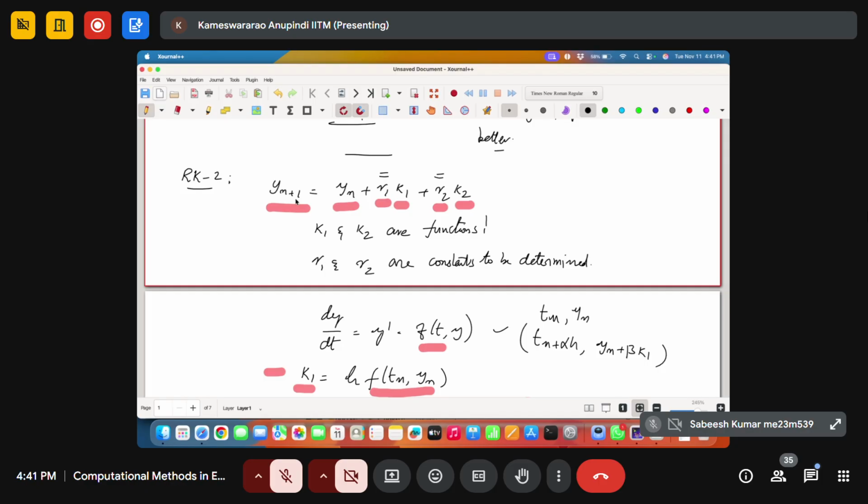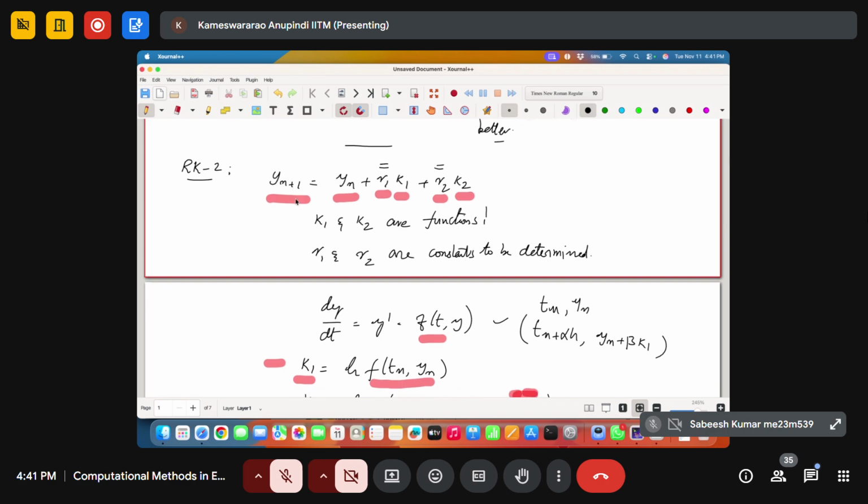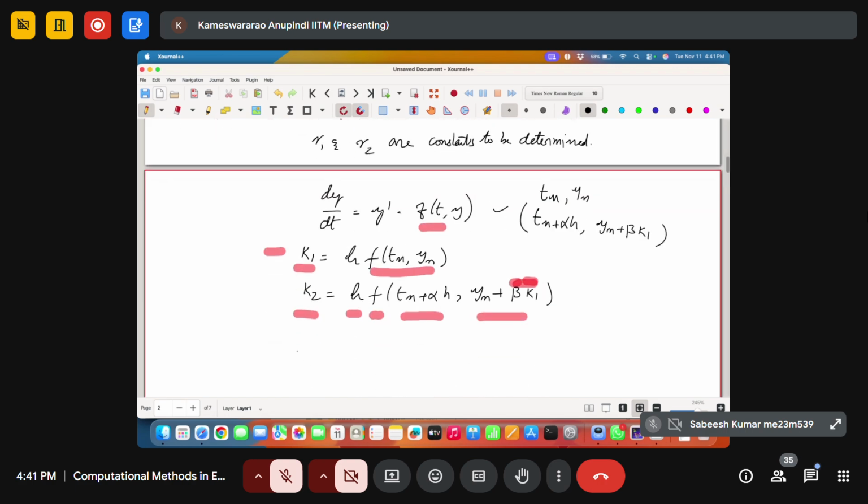Now, of course, it is up to us now to determine what is gamma 1, what is gamma 2, what is beta, what is alpha, right? Now there are 4 constants we have introduced in this process. We introduced alpha, beta, gamma 1 and gamma 2. These are values that need to be calculated. Okay.